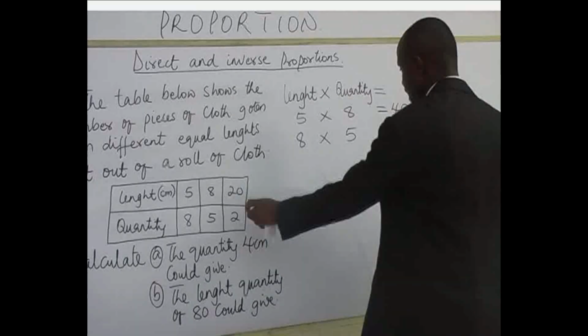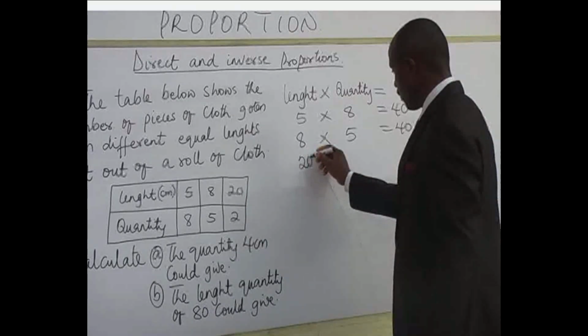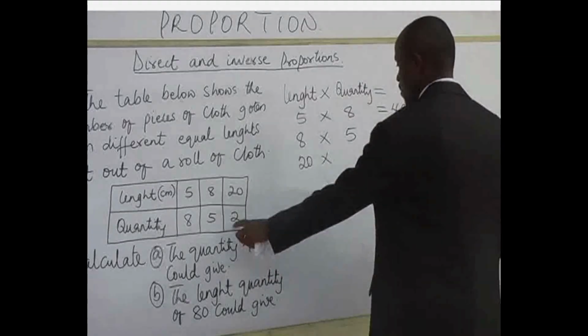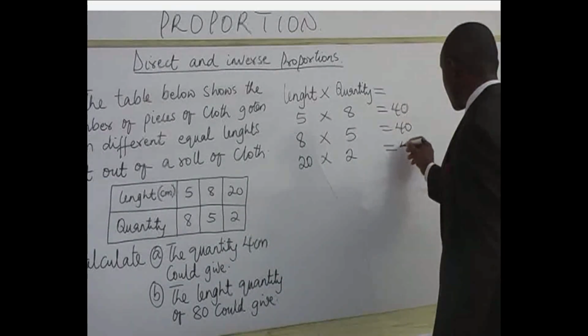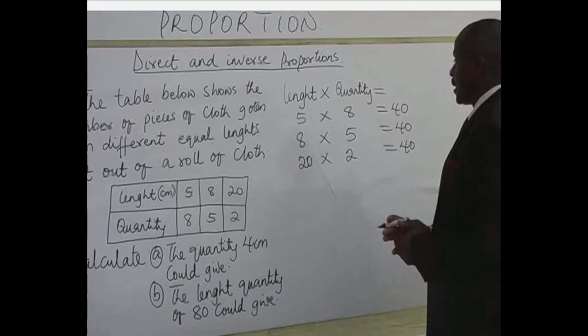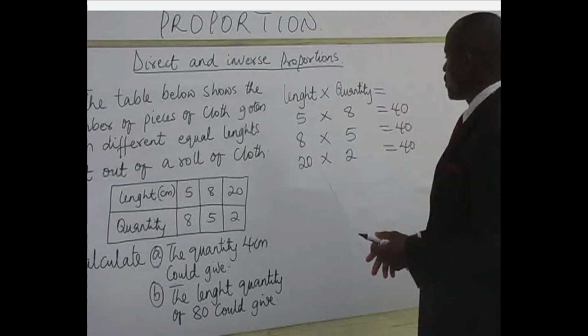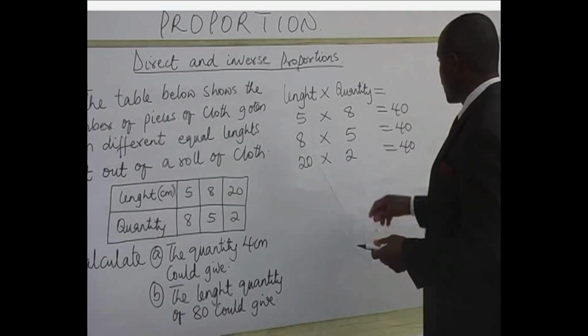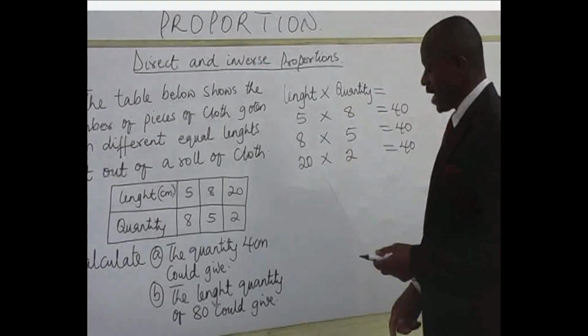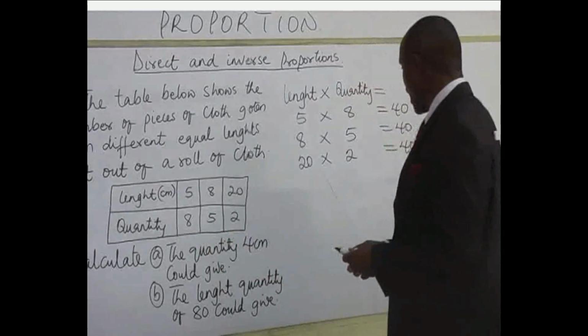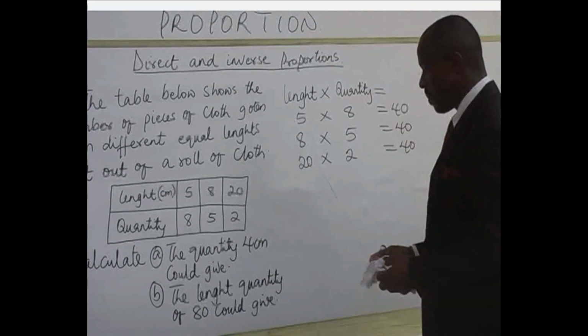The last one, length of 20 multiplied by 2 quantities will give you the same 40. So now we are going to use the relationship between length and quantity in calculating our questions A and B.